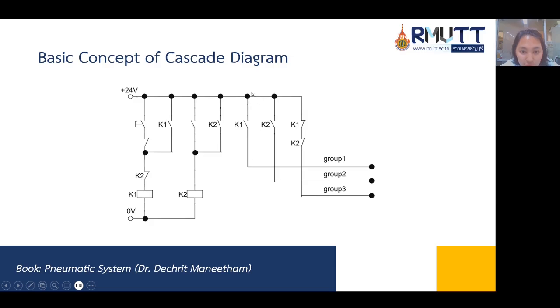This is the first group, the normally open contact from K1. This is group 2, the normally open contact from K2. And this is the last group, the normally closed contacts from K1 and K2. K1, K2 is the symbol of a relay.